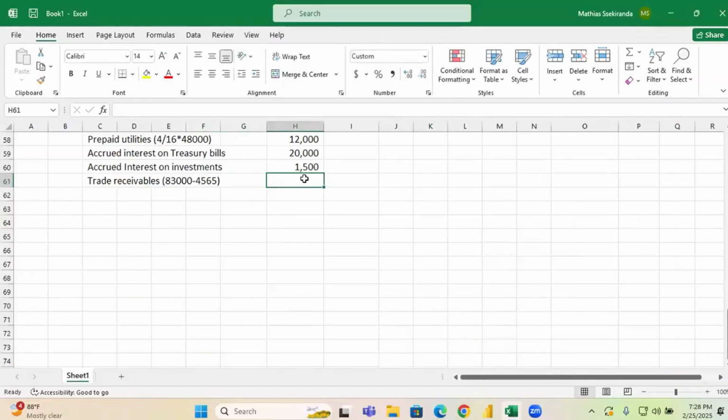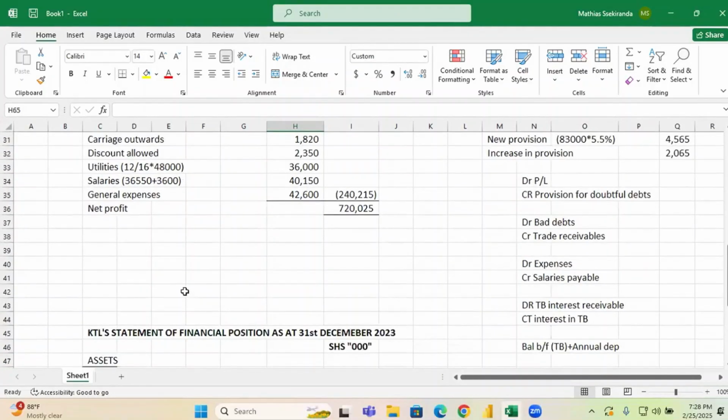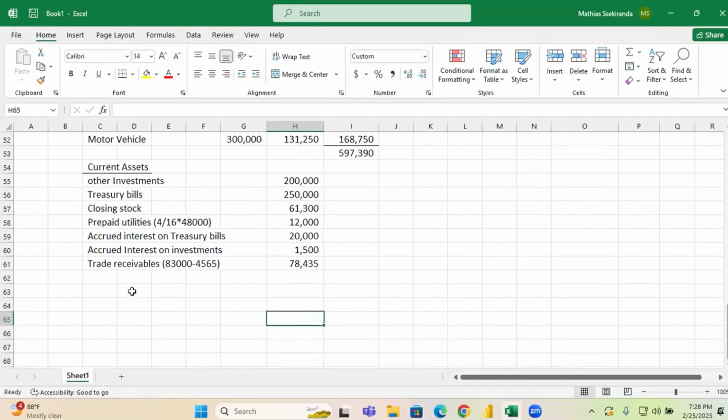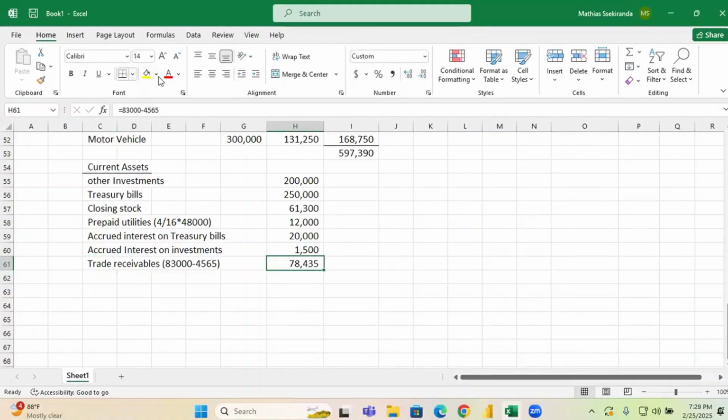The receivables that go in the balance sheet should be net of the current provision. Our current provision is the new provision. So the receivables that you bring should be net of the current provision for doubtful debt.